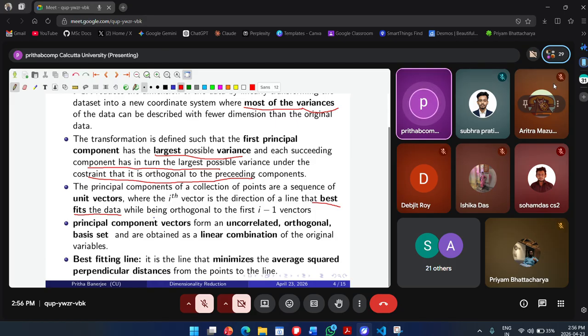Now what is the meaning of this best fit? We will see it soon.